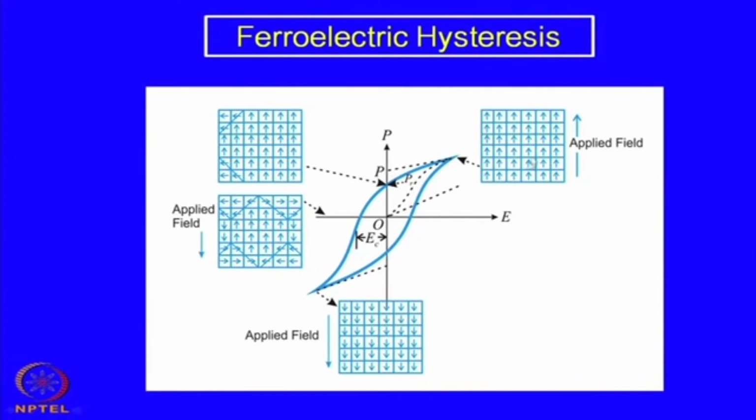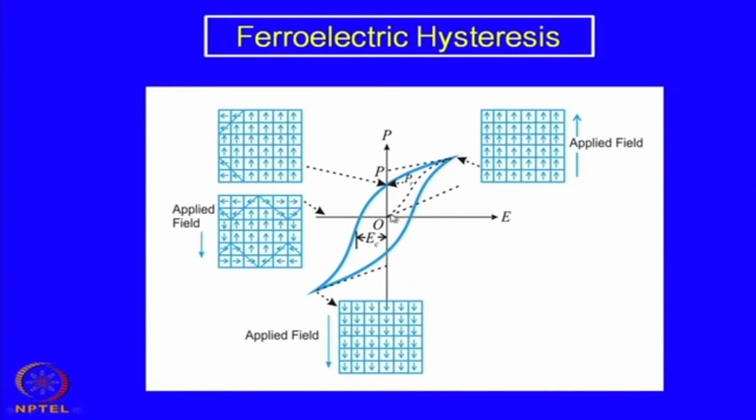And this we have discussed, this is your saturation polarization. We have all the domains oriented in a particular direction, the direction of the electric field. However, after the saturation, if you try to lower down the applied voltage, then it does not follow this particular path, it is not reversible in that manner. Okay. It does not exactly follow the same curve which would have been plotted.